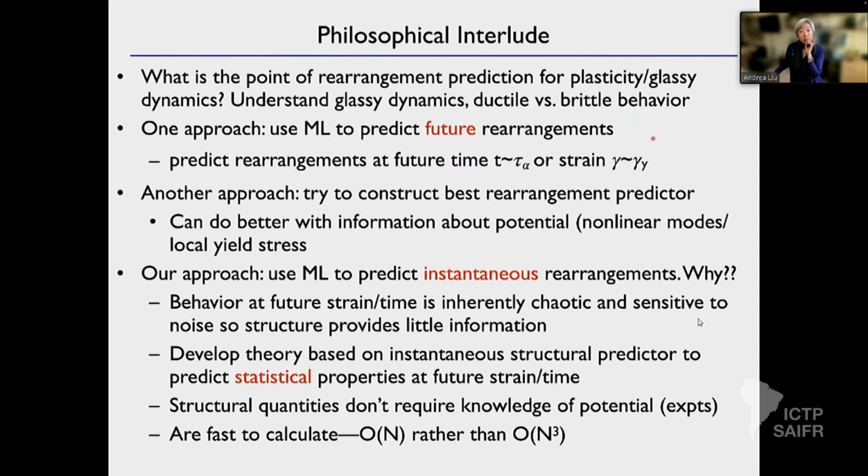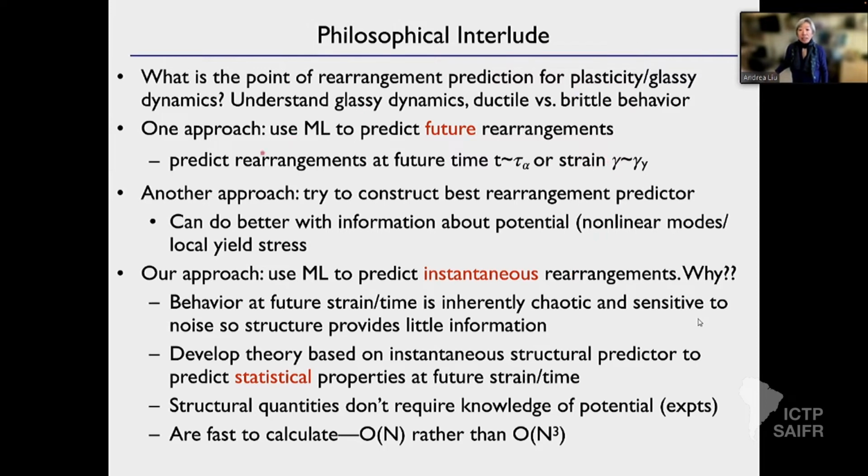So there have been various approaches used in the last several years. Our work was the first, and we used machine learning to predict rearrangements that happen right away. At the next instant, are you going to rearrange or not? That was the question we were asking.